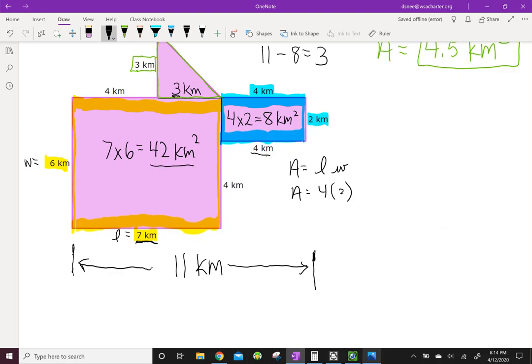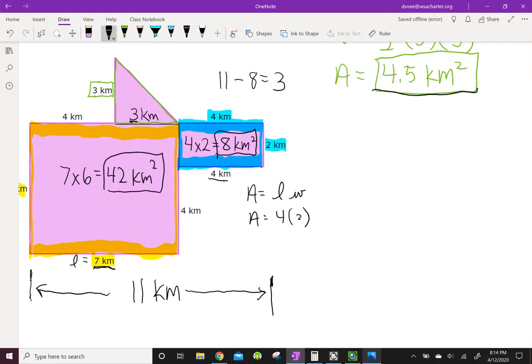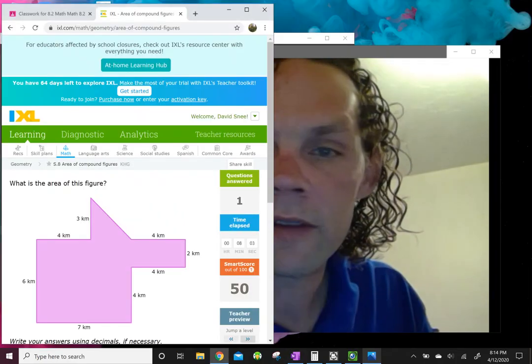So I have 42 kilometers squared, and I have 8 kilometers squared, and I have 4.5 kilometers squared. That was my triangle over here, 4.5 km squared. That was the green one. Okay, so I'm at 54.5 kilometers squared.